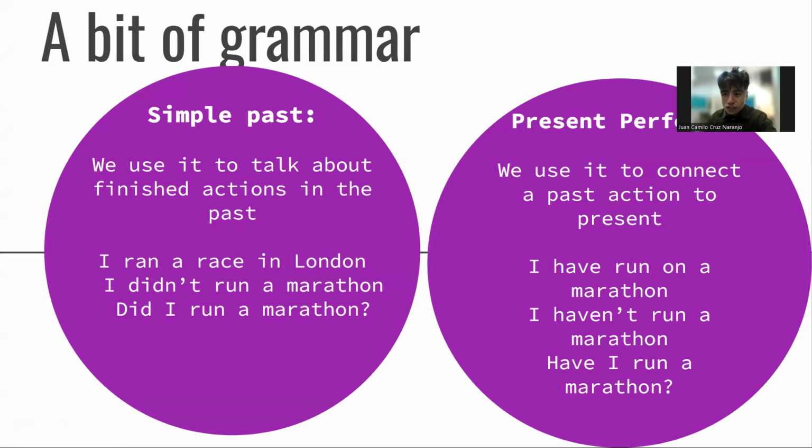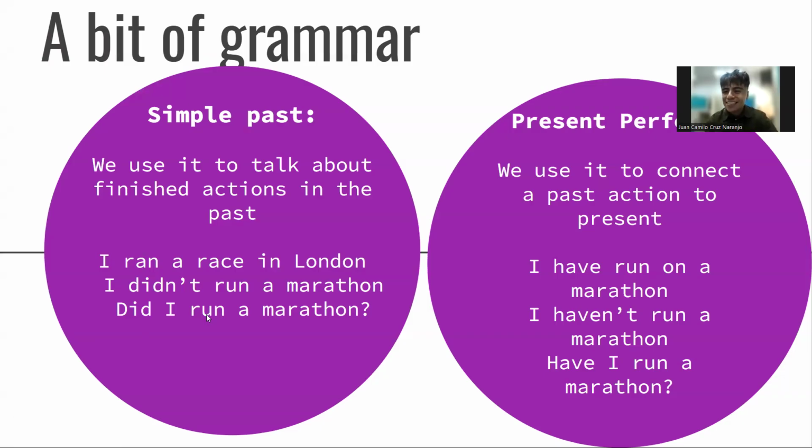When it comes to questions, we're going to change the order of the words. So first, I'm going to use the auxiliary, then I'm going to put the subject, and after that, I'm going to put the verb in base form again. So, did I run a marathon?